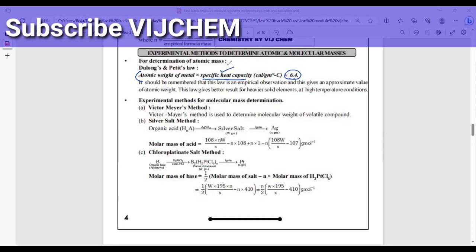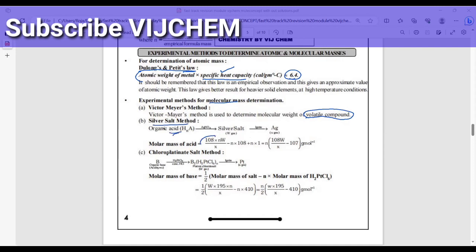They will give you the specific heat capacity, and with that you can find the atomic weight. Then to find the molecular mass, the Victor Meyer method is used for volatile compounds. The silver salt method is used like this.